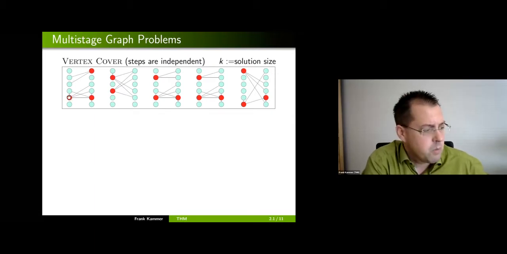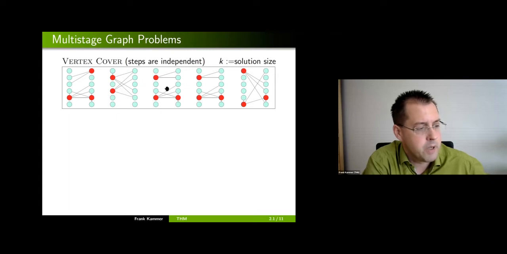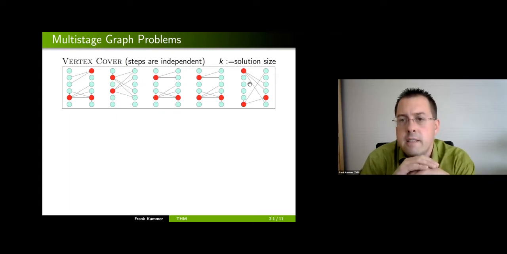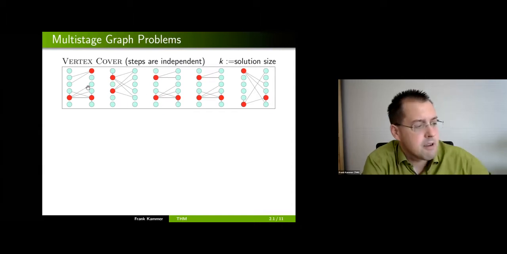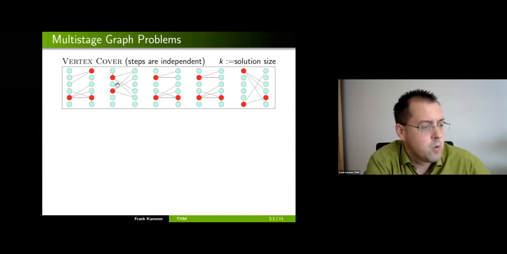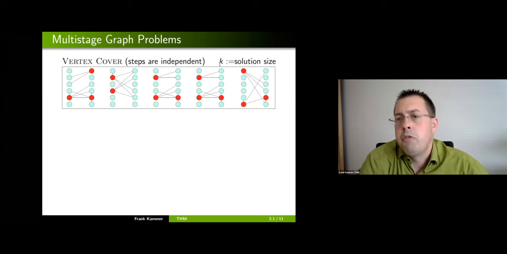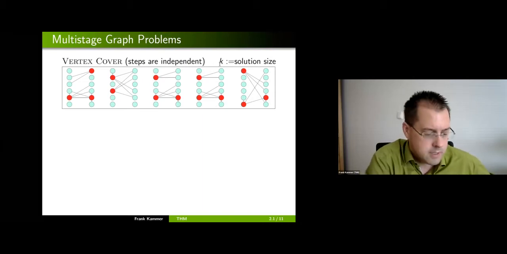Here we can observe all edges have one endpoint here, here, or here. So this is a vertex cover. And here we have further vertex cover instances. We can see this vertex cover size is 3, here it's 2, and so on. I denote in the following the solution size with k.